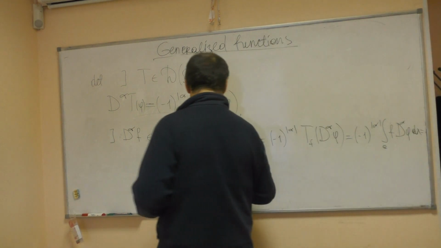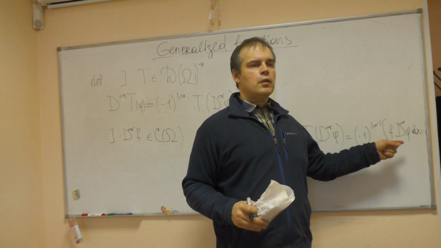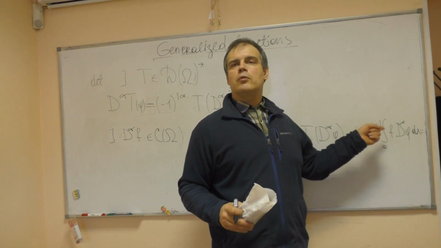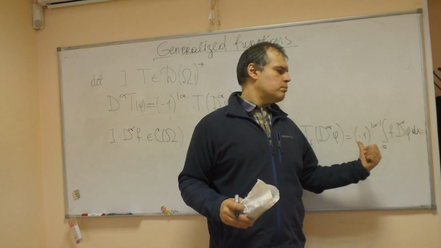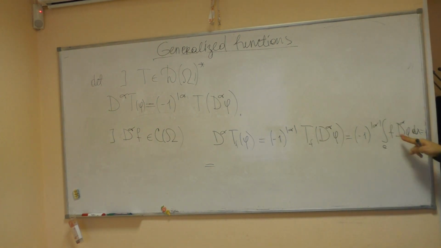And next, we can integrate by parts absolute value of alpha times. Each time we will move one derivative from phi to f, until all derivatives come to f, and each time our integral will change sign.